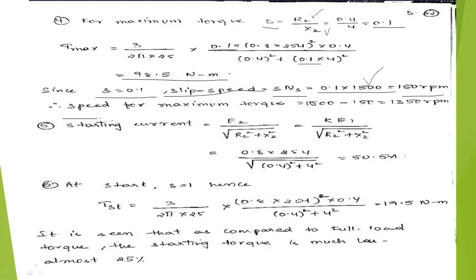So the speed for maximum torque is the difference of the speeds: N equals NS minus S into NS, that is NS into (1 minus S). Simplifying, you can directly write the 150 value here. So 1500 minus 150 is 1350 RPM. So this is the speed for maximum torque.